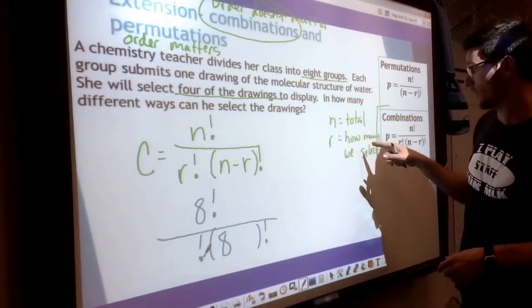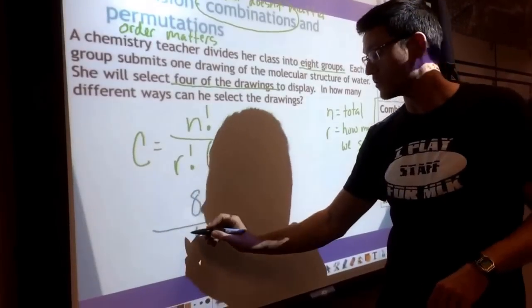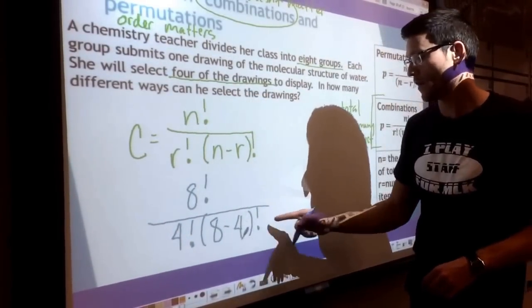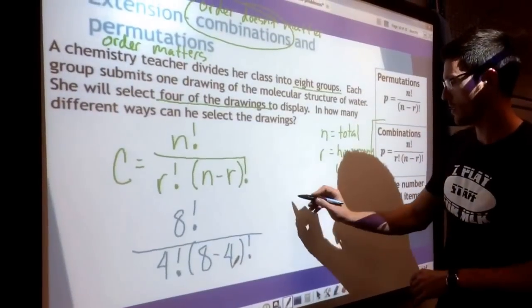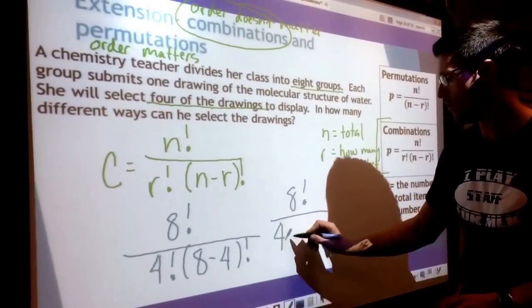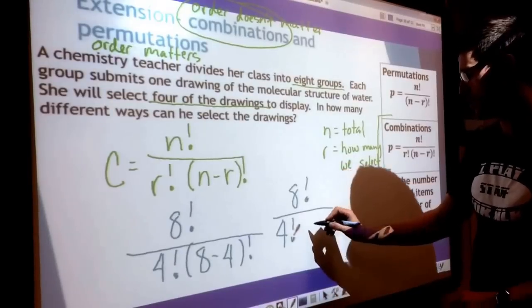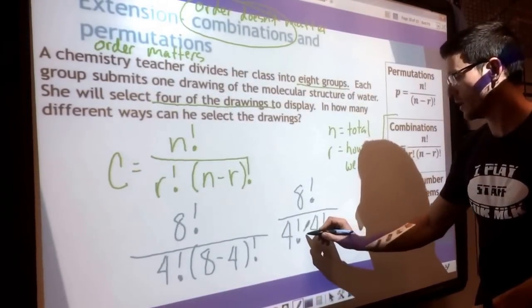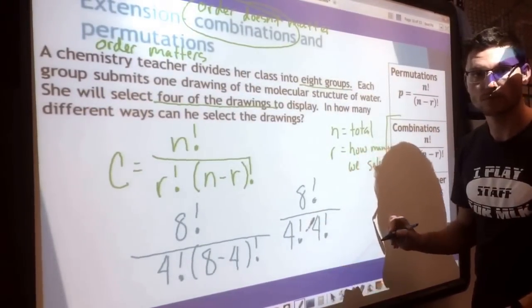So she's selecting 4, r is just going to be 4. So this is 4 factorial, 8 minus 4 factorial. And what we end up with is 8 factorial over 4 factorial, and then 8 minus 4 is just 4 factorial again. It will be multiplied there.